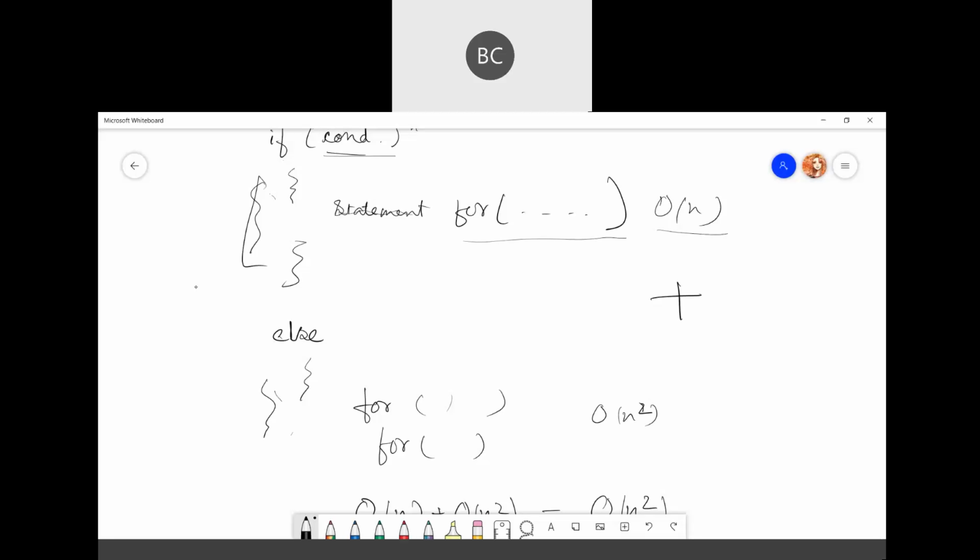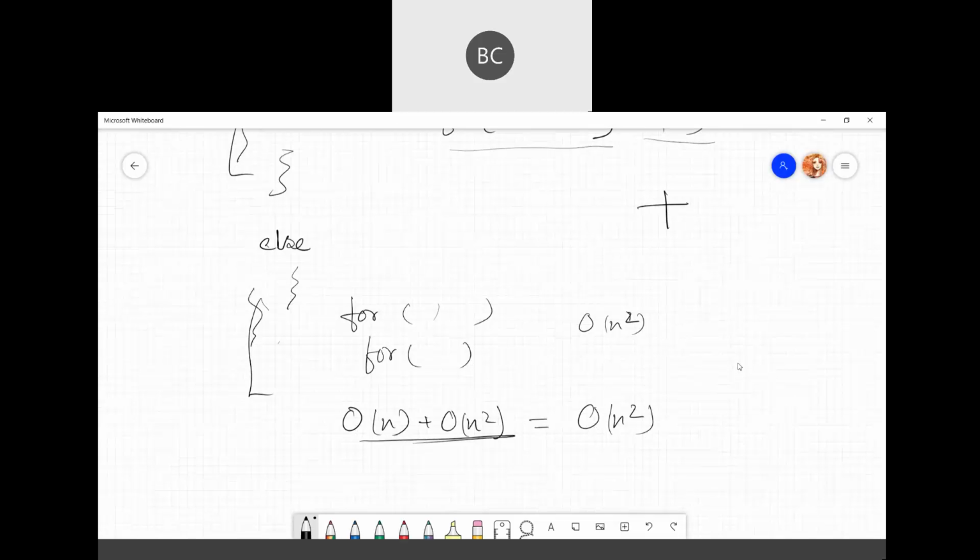In this case, I just considered that in one if statement there is a for loop, and in another there is a nested for loop. So the total time is O(n) plus O(n squared). Before that, you can simply write, suppose this is taking C1 and C2 n squared.